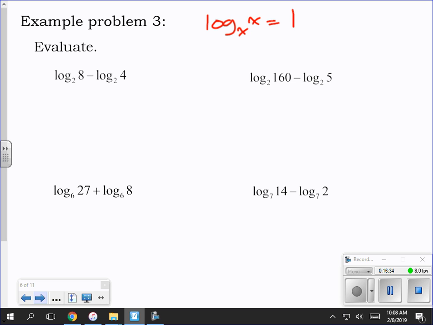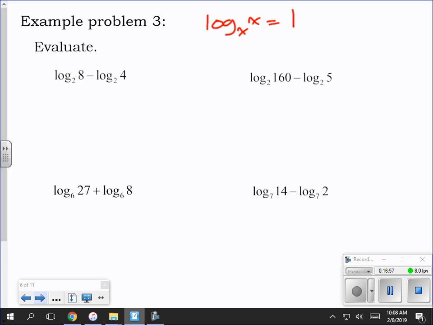If the base of the logarithm and the number I'm taking the logarithm of are the same, that answer is 1. Log base 3 of 3 is 1. Log base 10 of 10 is 1. Log base 259 of 259 is 1. So if the base of the logarithm and the number are the same, that's 1.